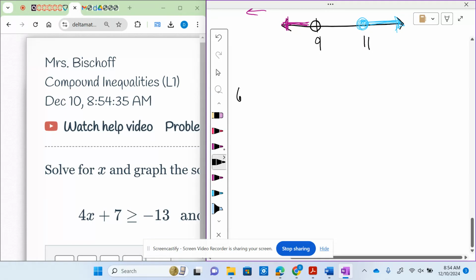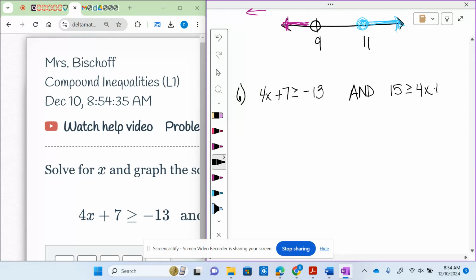I have 4x plus 7 is greater than or equal to negative 13, and 15 is greater than or equal to 4x plus 7. So let's solve the first inequality. Isaac, what would you do to the 4x plus 7 is greater than or equal to negative 13 to solve it?